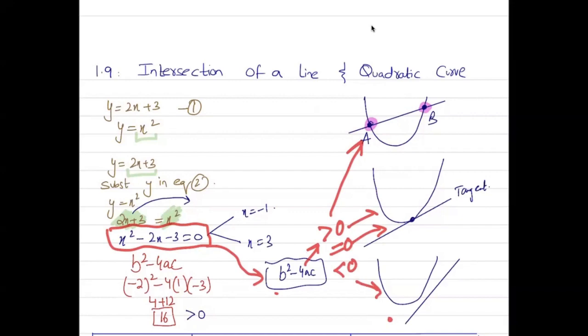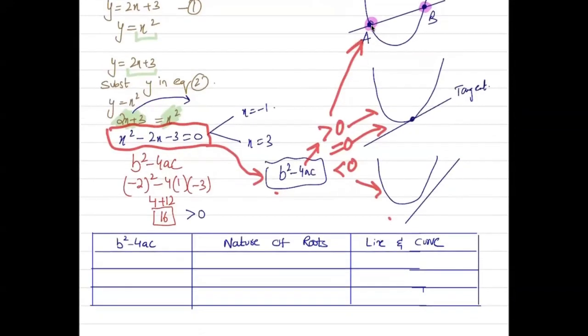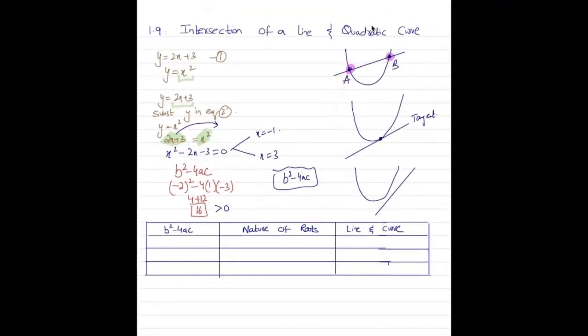Are we good till here? Yes, sir. Okay. So if I want to summarize this, if the discriminant is greater than 0, then the roots are real and distinct. Yes, sir. And what can I say about the intersection points of line and curve? There are 2 points of intersection.